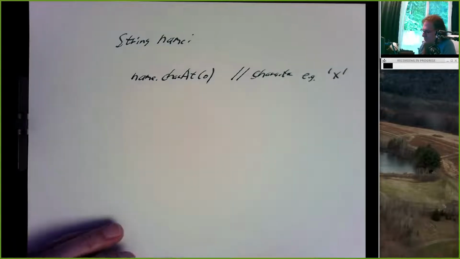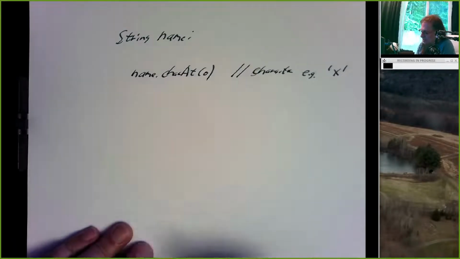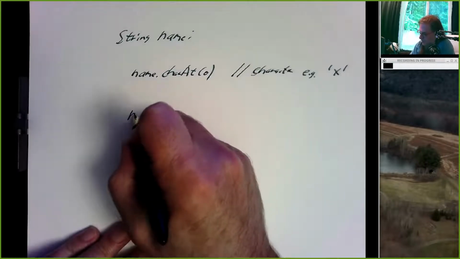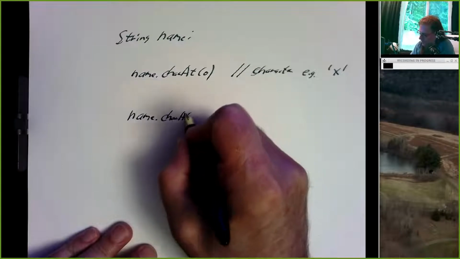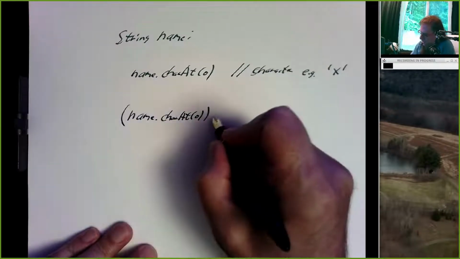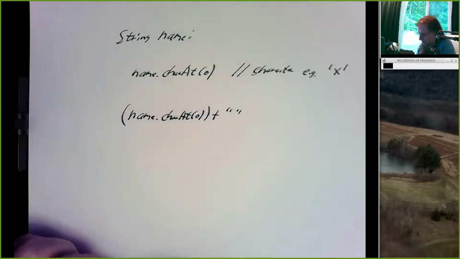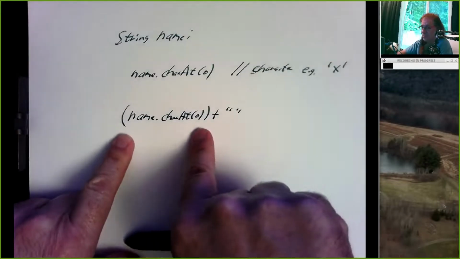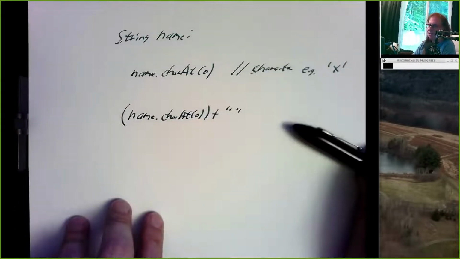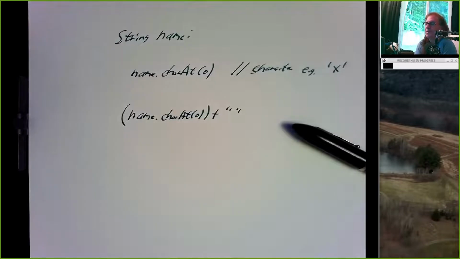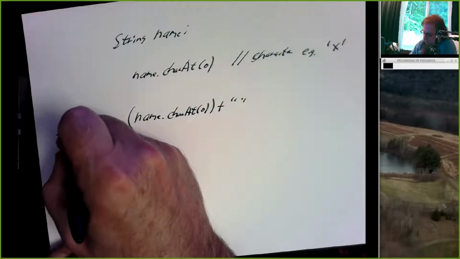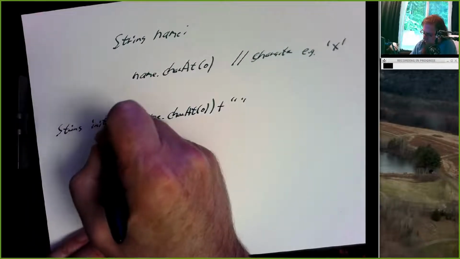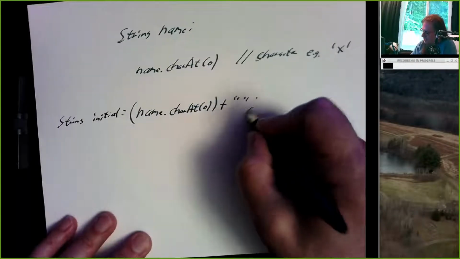If you wanted a string corresponding to the first initial, you could do something like this: name.charAt(0), and then append an empty string, and that'll force this to be turned into a string. So now you've got an actual string containing just that first initial. You could do something like that.